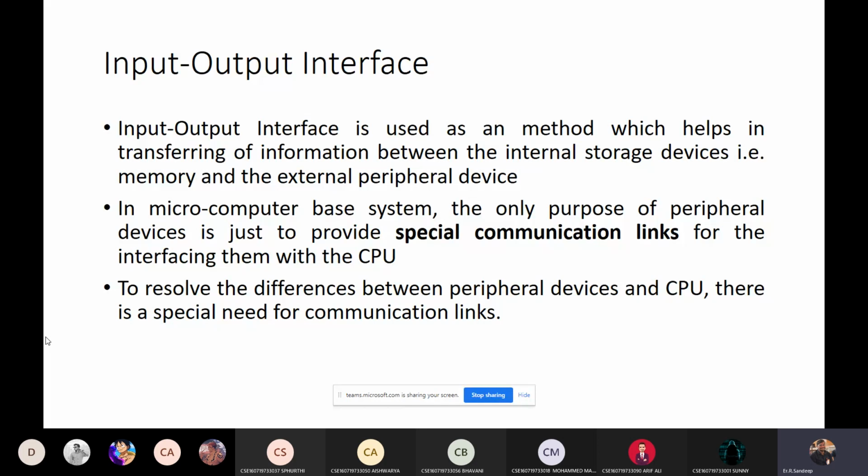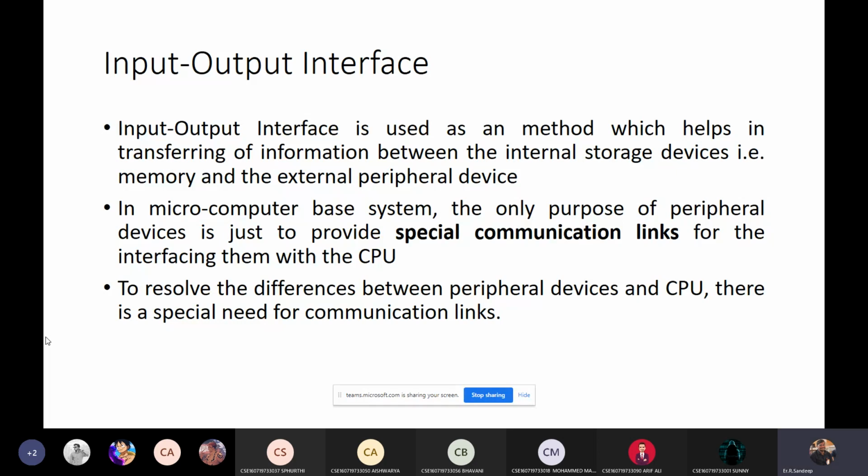When we are talking about input and output devices, basically we make use of the word peripheral, right? These are used for giving data to the system and are ready to take data from the system after it has been processed by the microprocessor. So we can give the input and we can get the data from the processor. In that context, we make use of the term peripheral, right?